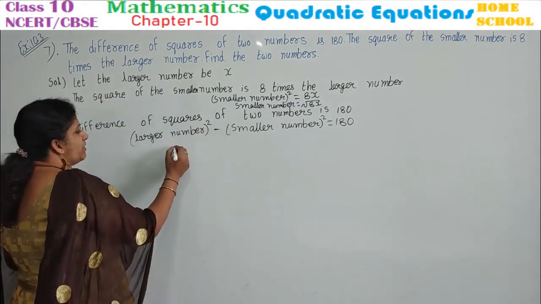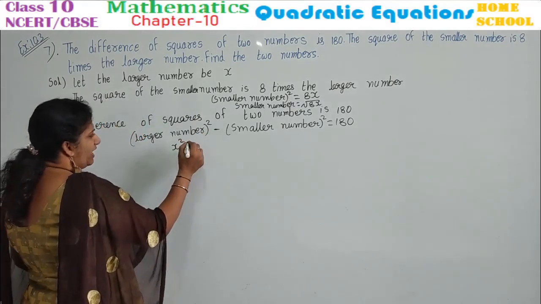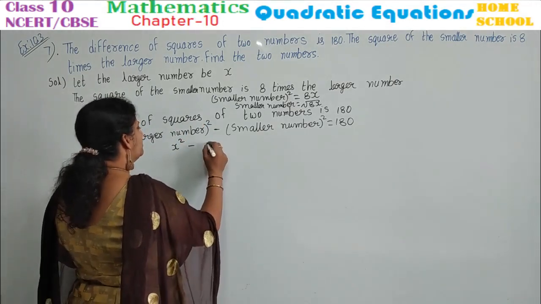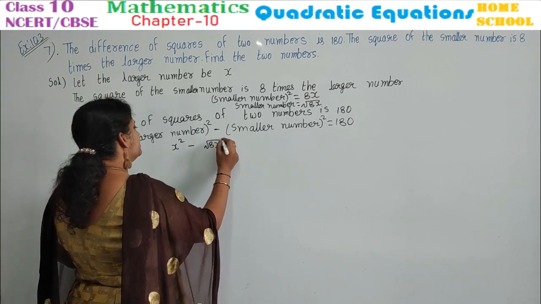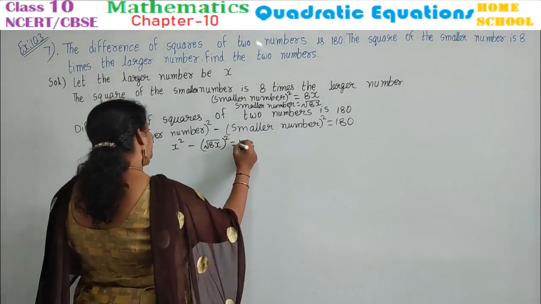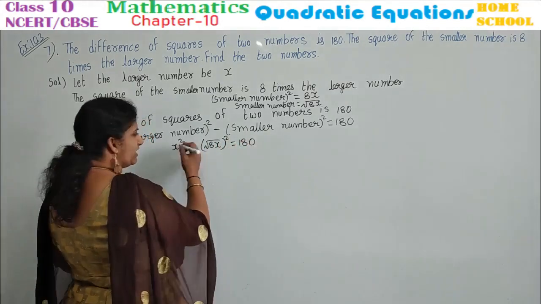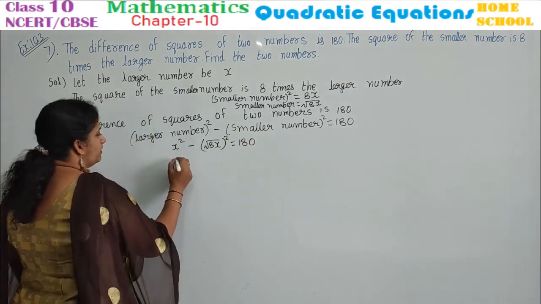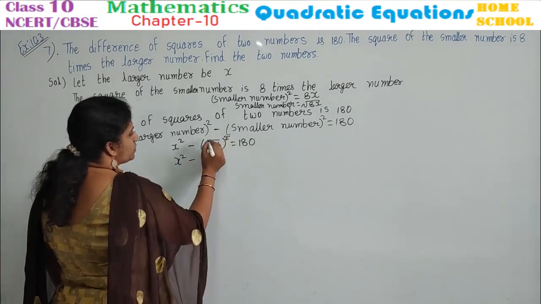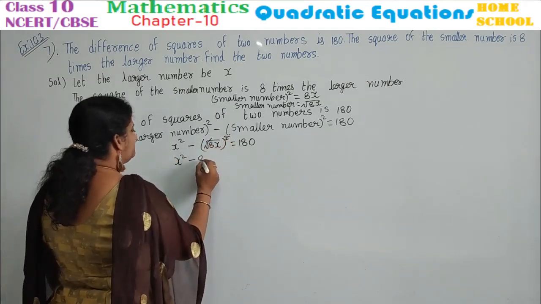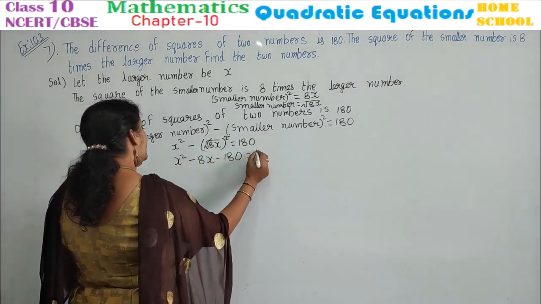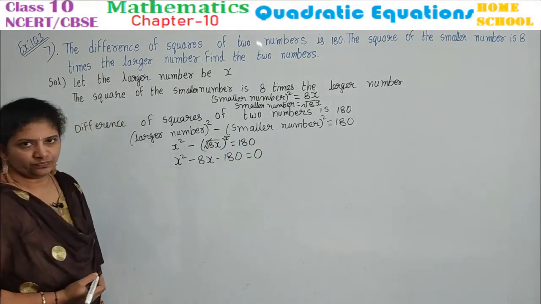What is the larger number? x square minus the smaller number, root 8x, whole square, write in brackets. If you want, you can write x square also in brackets. x square minus 8x, the square and square root will be cancelled, minus 180 equal to 0.